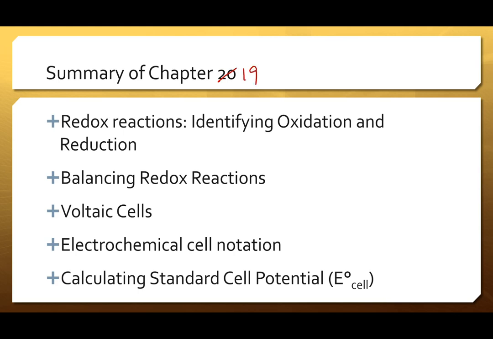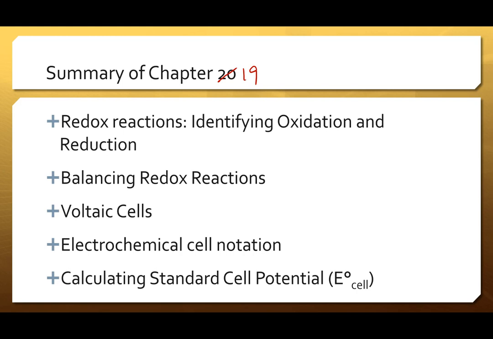Here's a summary of this chapter. So these are the things that I'm going to test you on. There's so much more in this chapter that we didn't get an opportunity to cover. So I want to just be clear on what it is that we did cover. So just remembering redox reactions, so identifying oxidation, identifying reduction, oxidation numbers, balancing redox reactions.